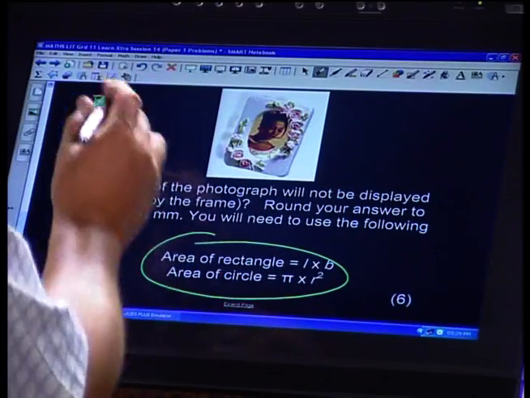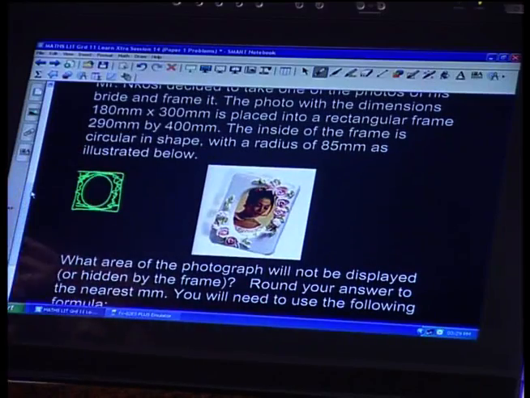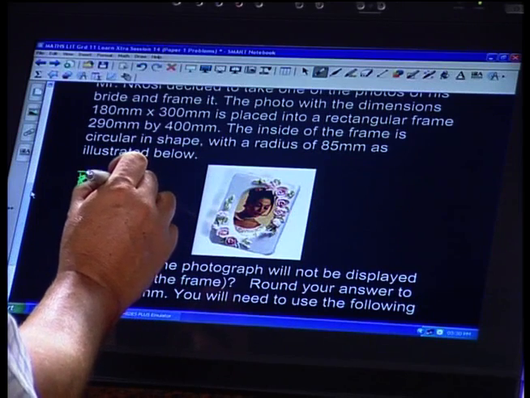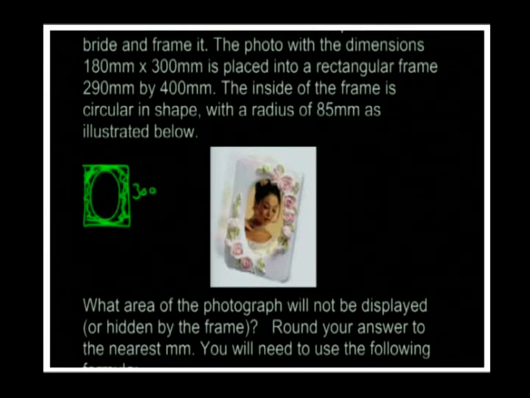What do I mean? Let's look. So, the photo, let's just put in the dimensions here. The photo has the dimensions 180 by 300. So it's 300 high and 180 wide. We're not going to make it 300 wide and 180 tall, otherwise we're in huge trouble if you're saying your bride needs a wider picture than the height.